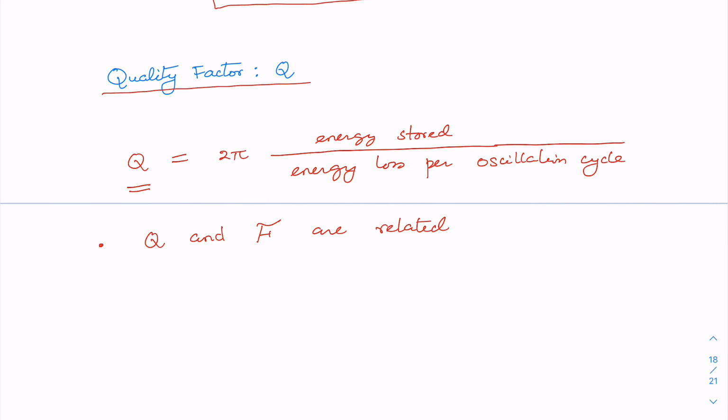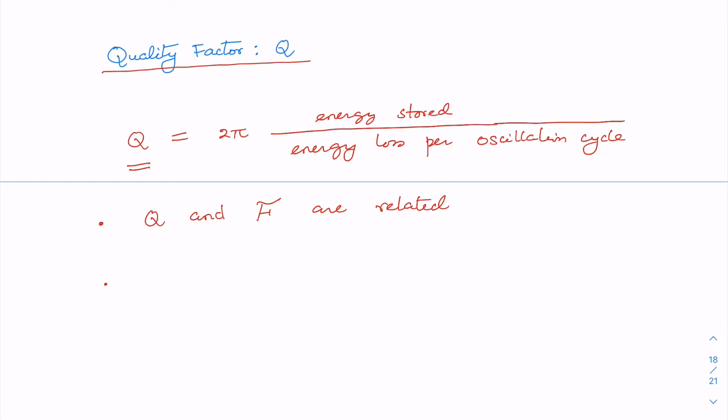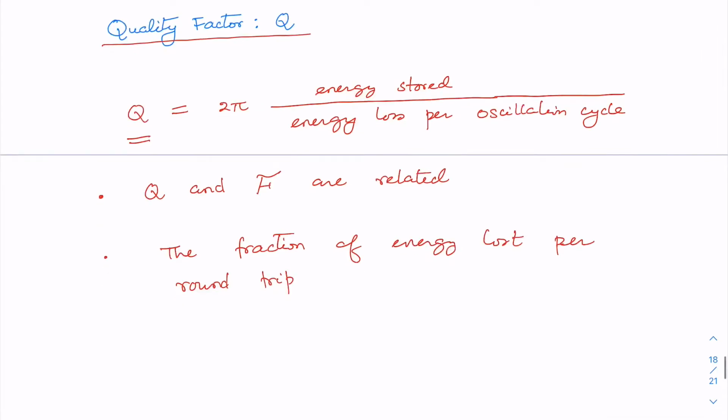Now, if the survival probability of the photon inside the cavity is PS, then for an optical cavity, the fraction of energy lost per round trip is 1 minus PS.